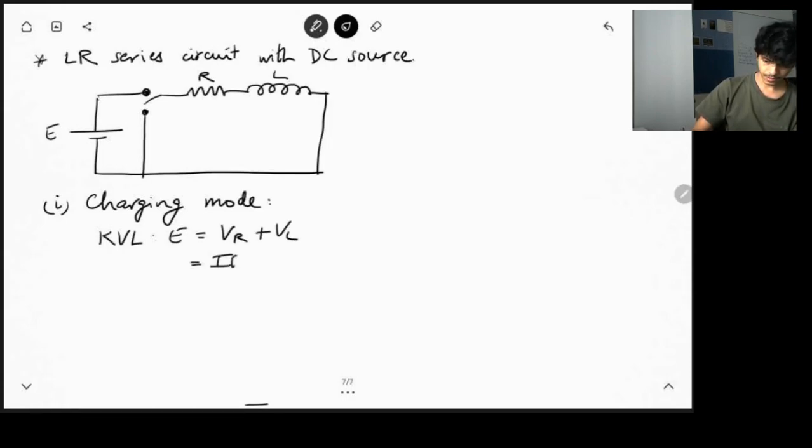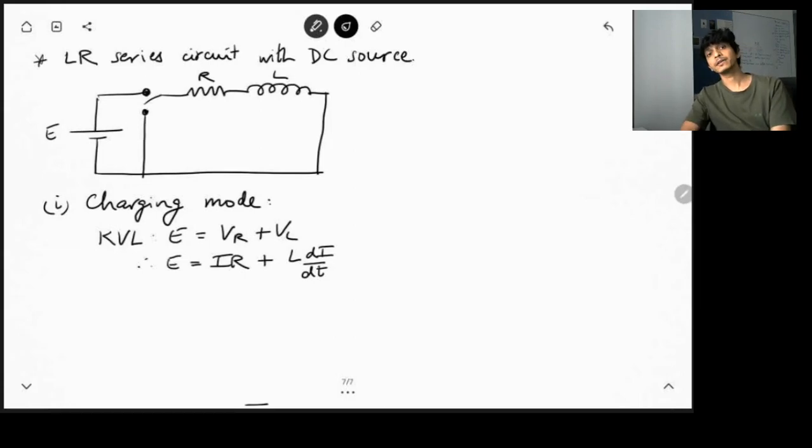VR is IR, and VL, the potential difference across an inductor, is L di by dt. Now you will see this is a differential equation in the current. Earlier we had a differential equation in the charge. Now we have a differential equation directly in the current.